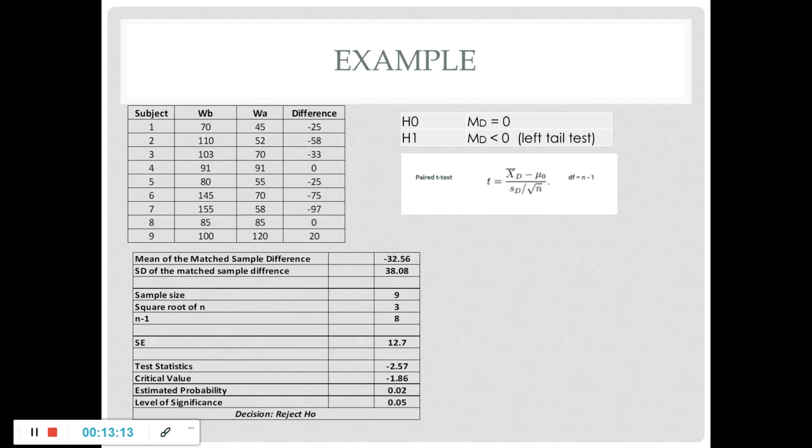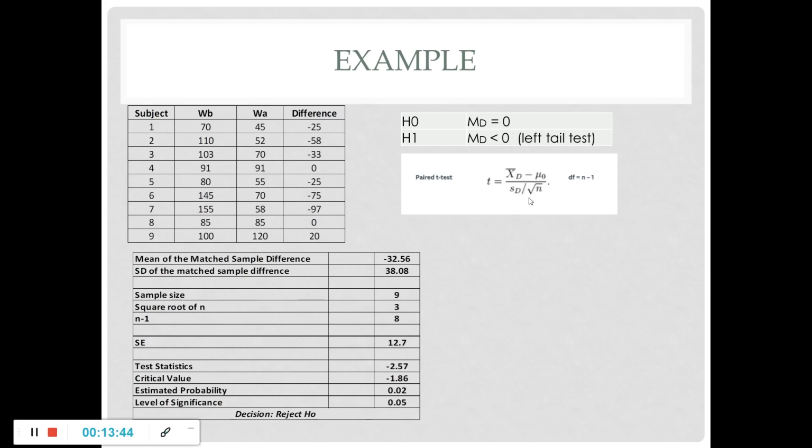That is your denominator, and your numerator is the mean of the matched sample difference, minus 32.56, minus mu naught, which is of course 0, your hypothesized value. So you need not bother about this part.